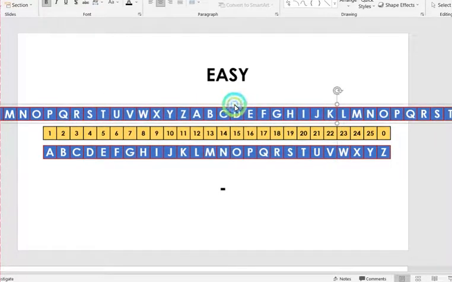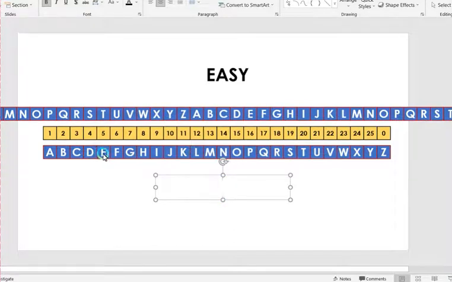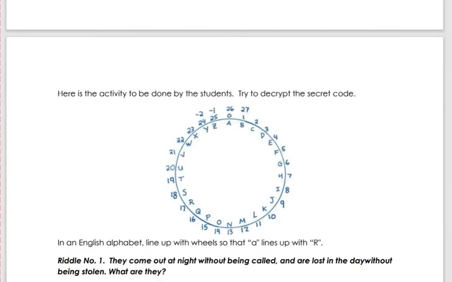So what is now the coded value of the word easy? For the word easy, what is the counterpart of my letter E? Letter E is now letter T. A is P. Then S is letter H. Y is letter N. This is now the coded value of the word easy. This is what I will use as a code. Instead of easy, this is what I will send.